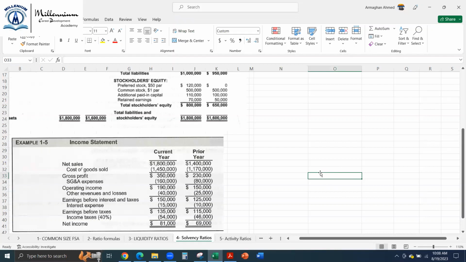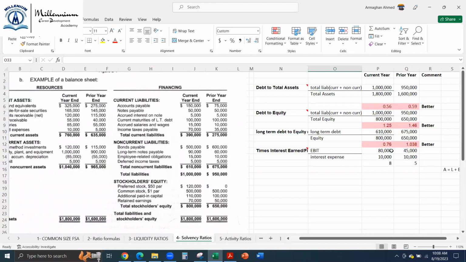How much EBIT do we have here? EBIT is 150 for the current year, and the interest is 15. So 150 divided by 15 is 10.